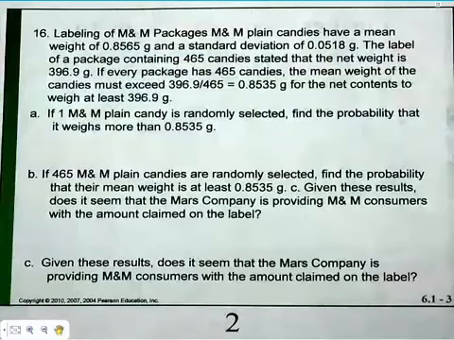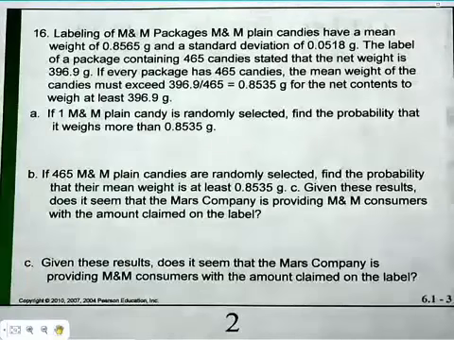The label of a package containing 465 candies stated that the net weight is 396.9 grams. Actually, on a pack of M&Ms, it'd probably say 400 grams because nobody cares about that other 4.1 gram. Nobody's weighing their M&Ms anyway. But assume that a package had 465 M&Ms and the package said it weighed 396.9 grams.